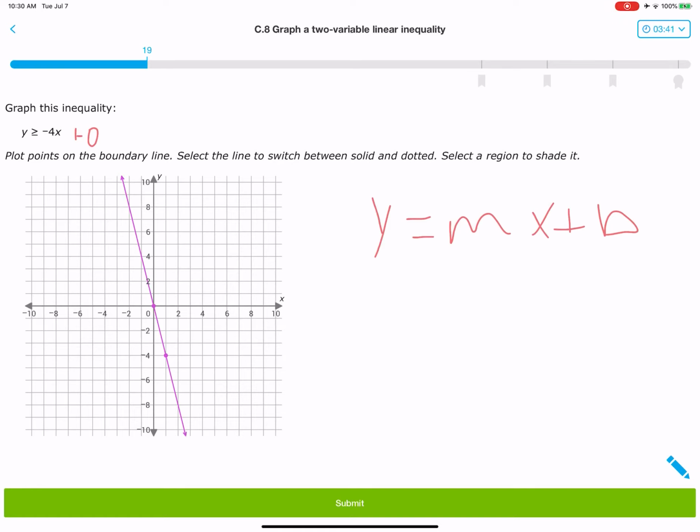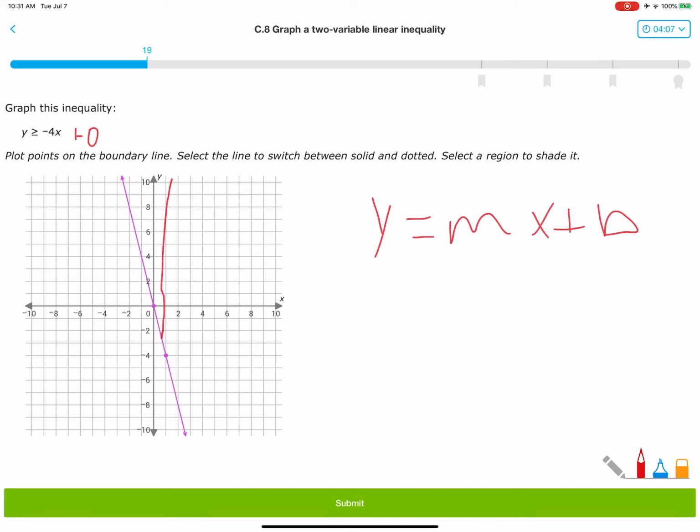And it is solid because it is equal to, and it's saying y is greater. So when you think greater, like looking at this line, oops, let me draw my dot again. Solid. Looking at this line, okay?